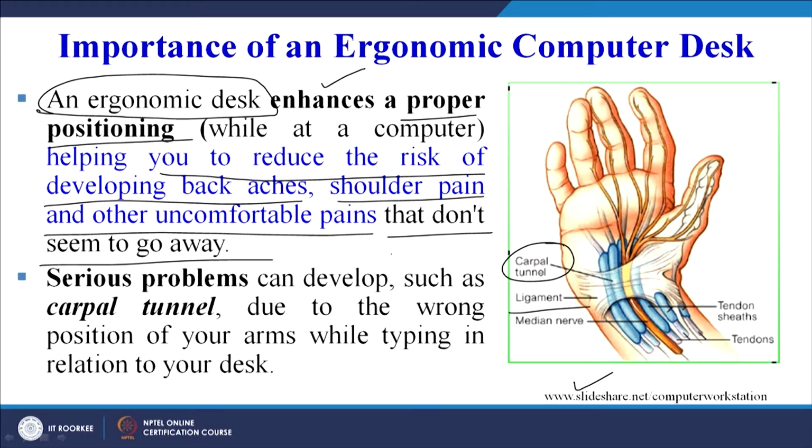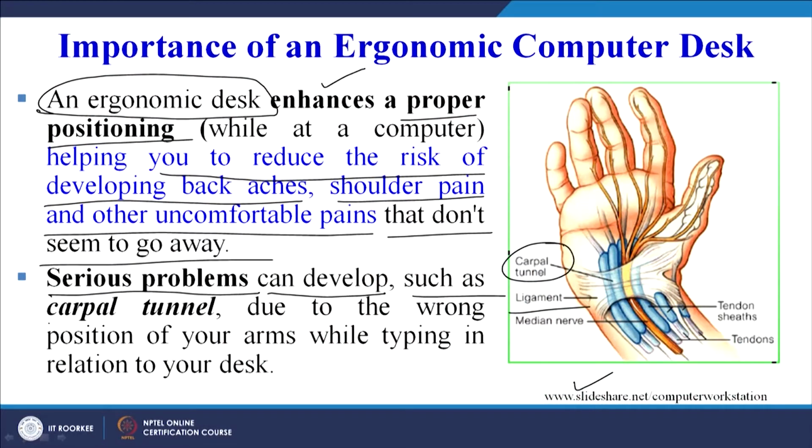Now how will the ergonomic desk be designed? There are certain guidelines: height, width, the distance between the head and the screen, the elbow, the knee clearance. All these parameters will help us to design the ergonomic desk. Serious problems can develop, such as carpal tunnel, which is already shown here.